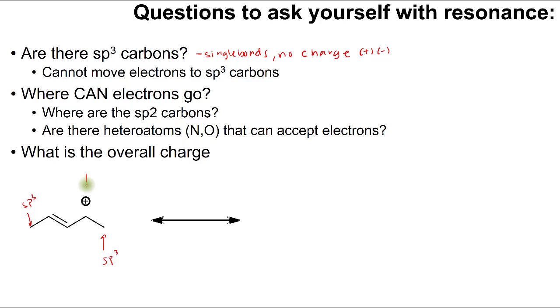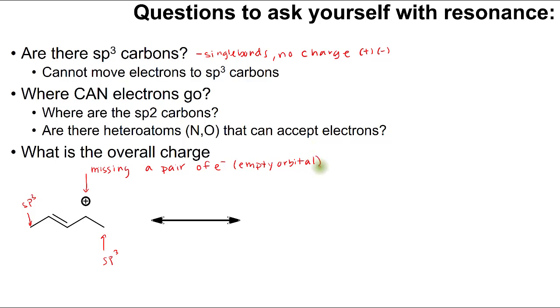A positively charged carbon is missing a pair of electrons. That's why it's positively charged. You can think of the missing pair of electrons as an empty orbital, which is willing to accept a pair of electrons.